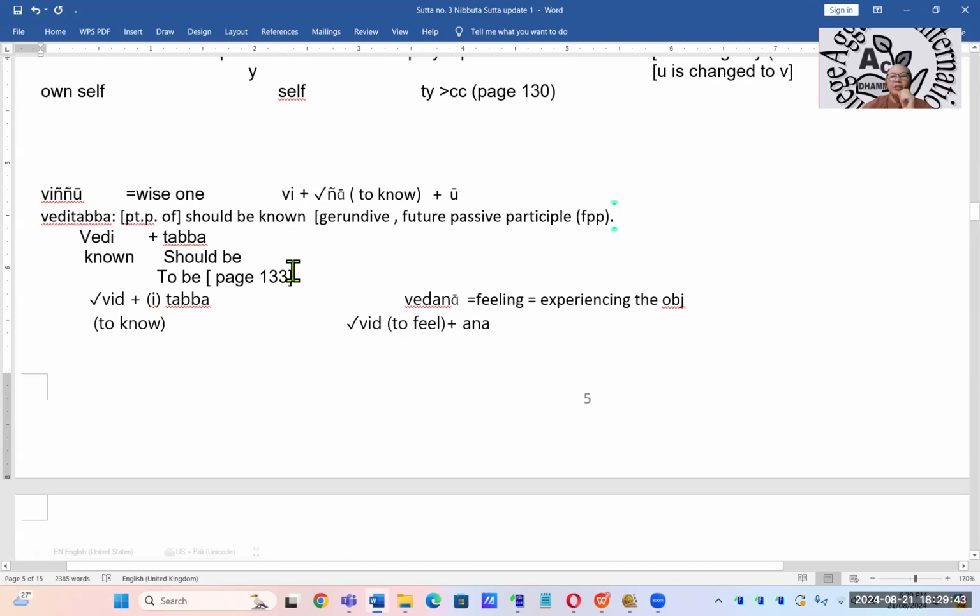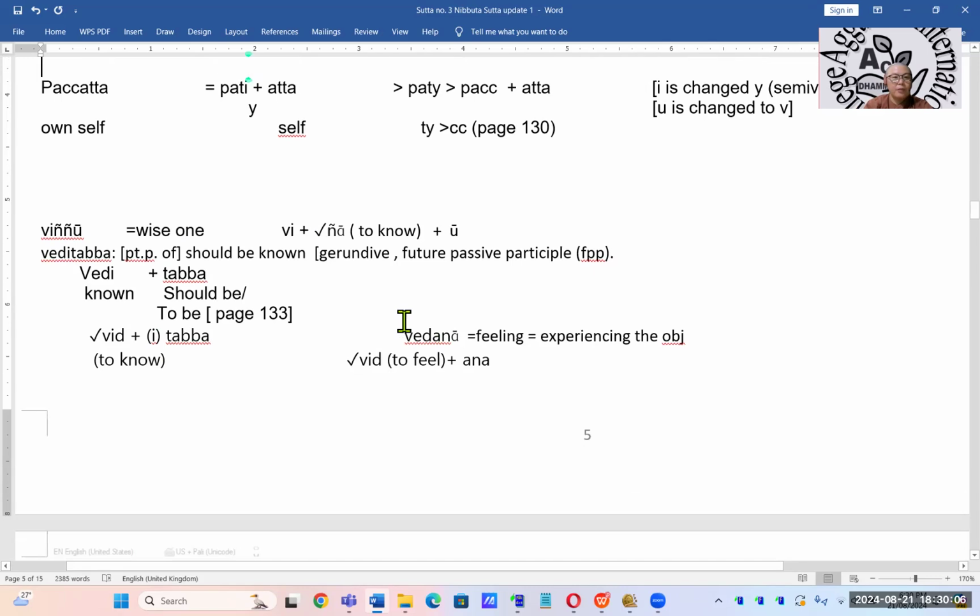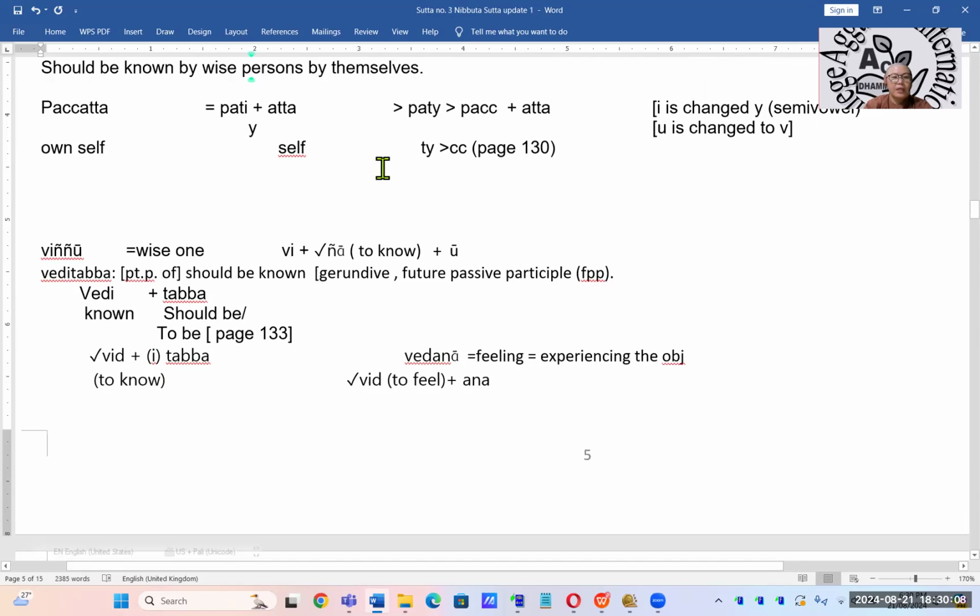It's good to go through it word by word, and we get the meaning and the function of the suffix. So veditabba: vid is to know, vedanā is to feel, tabba is should be or ought to be. So should be known by the wise person, paccattaṃ, by himself, by herself.